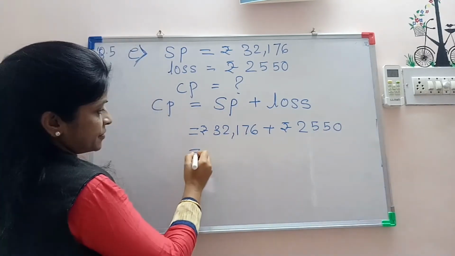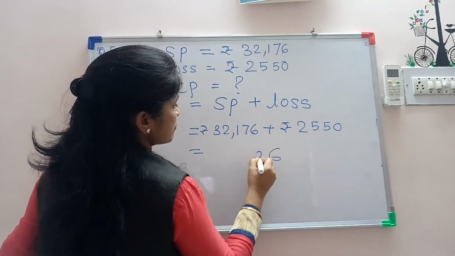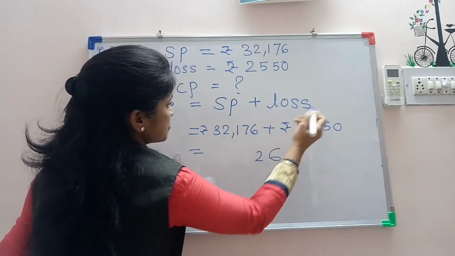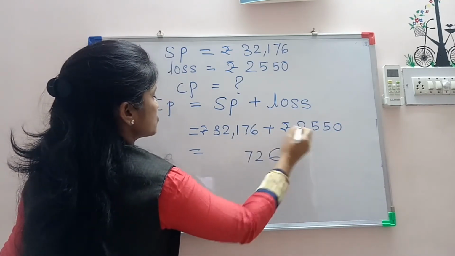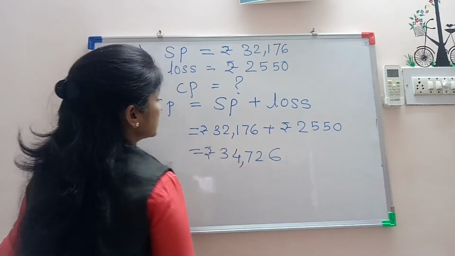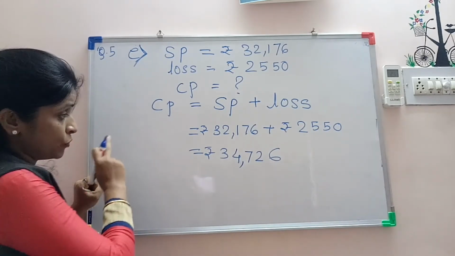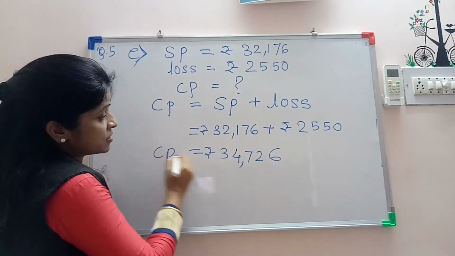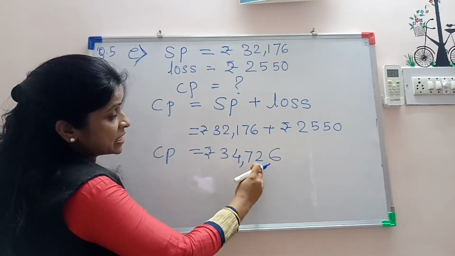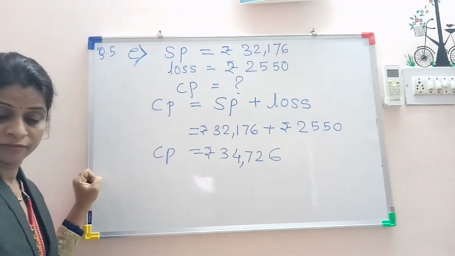Now we will add it. 6 plus 0, 6. 7 plus 5 is 12, 1 carry. 1 plus 1 is 2... So that Ram bought that mobile at rupees 34,726. That is the cost price of the mobile.